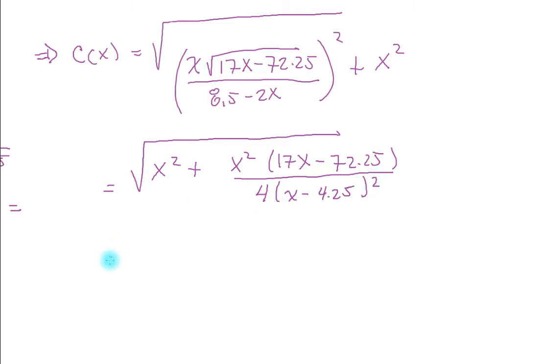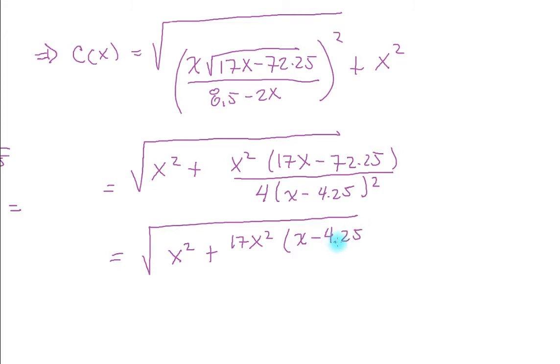The reason I want to do this, you'll see, is that this is x squared plus, we can factor 17, so we have 17x squared times x minus 4.25, over 4 times x minus 4.25 squared. Now they cancel out.